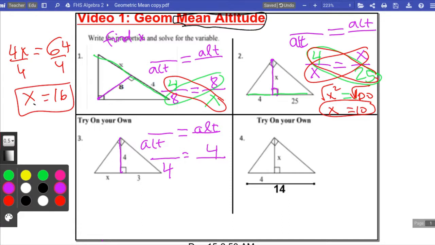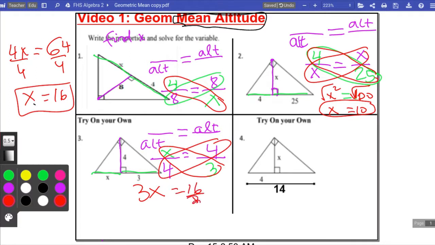Now you take your leftovers, here's a leftover and here's a leftover. The leftovers will always be on the base. You multiply that, 3x. 4 times 4 is 16, and you divide by 3. X equals 5.3.